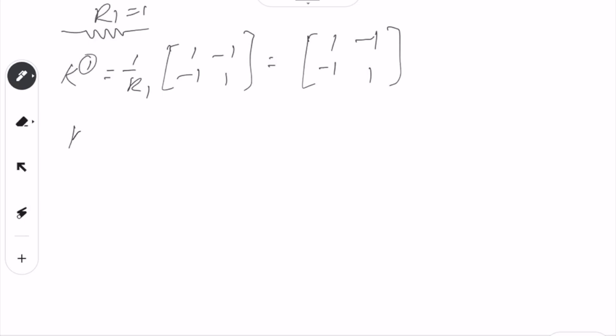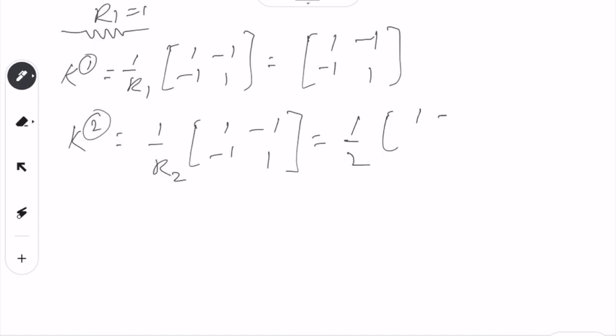Then we have K2 equal to 1 over R2 times [1 -1; -1 1], where R2 equal to 2, so 1 over 2 times [1 -1; -1 1].